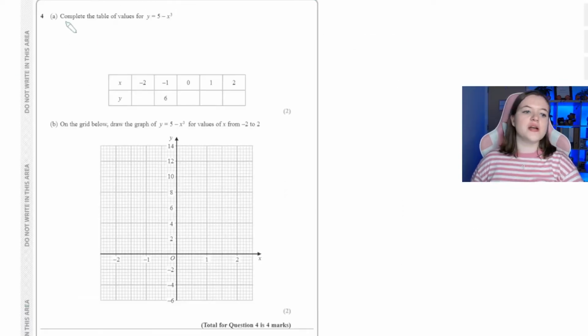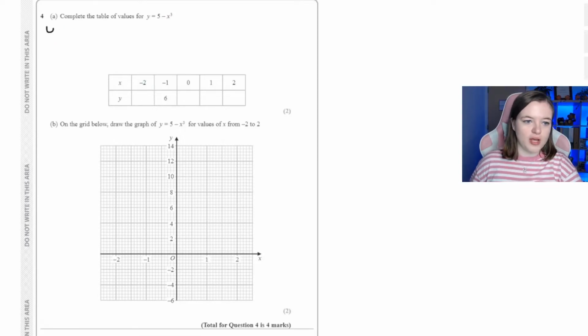Question 4. Complete the table of values for y equals 5 minus x cubed. Right, so we have a table here, and they want to know that for these values of x, what will y be? So we have an equation that to find y, we take 5 and we take away whatever x cubed is. So in this case, x is minus 2.